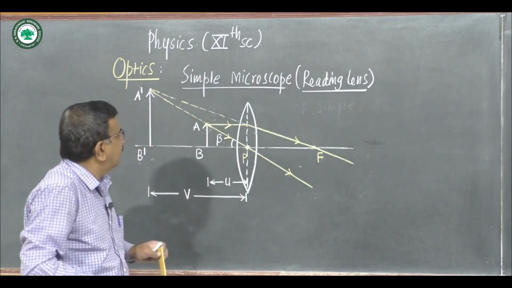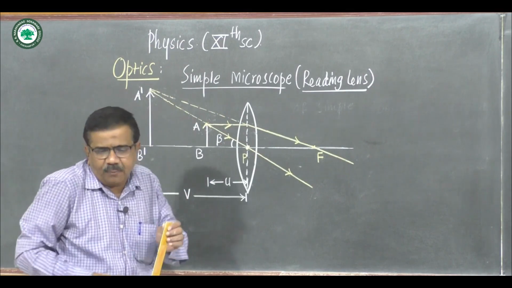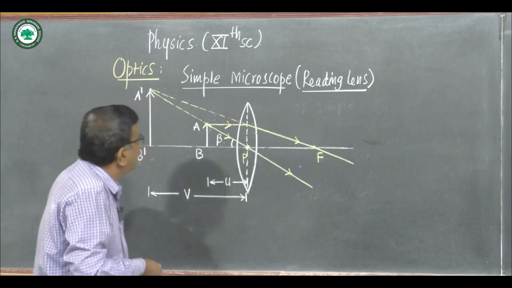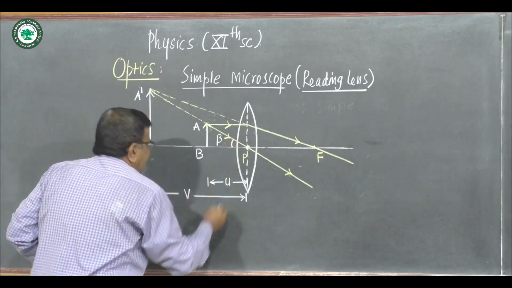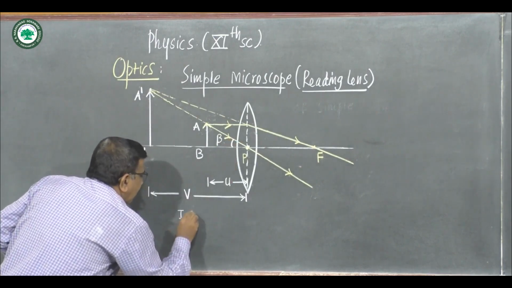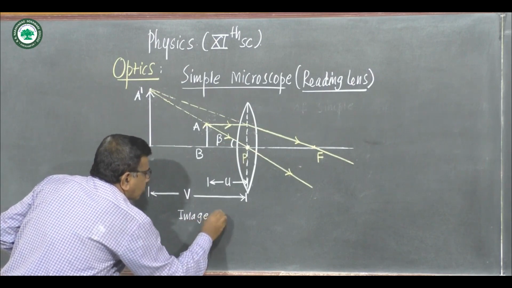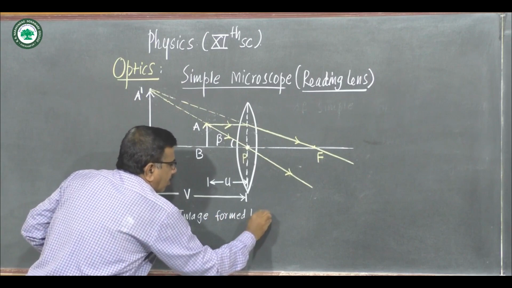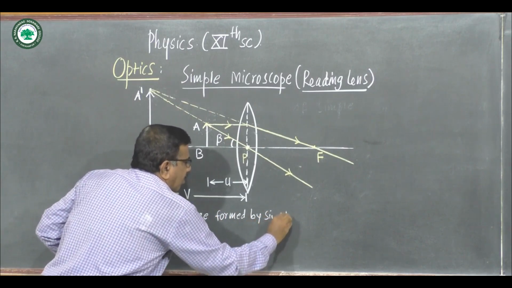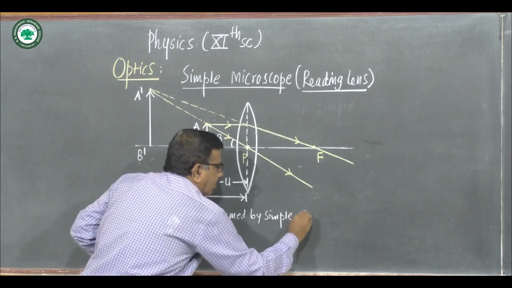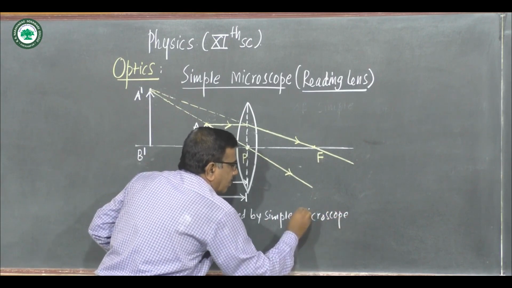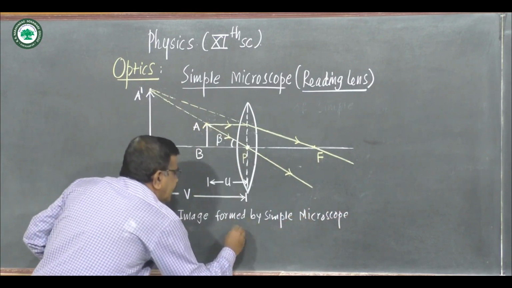So this is the ray diagram for image formed by a simple microscope. Here visual angle is beta. Visual angle is beta.